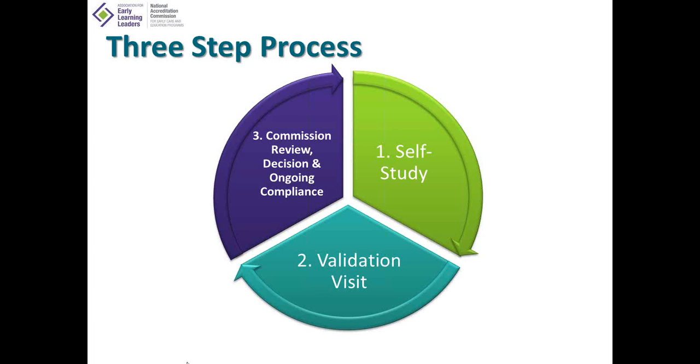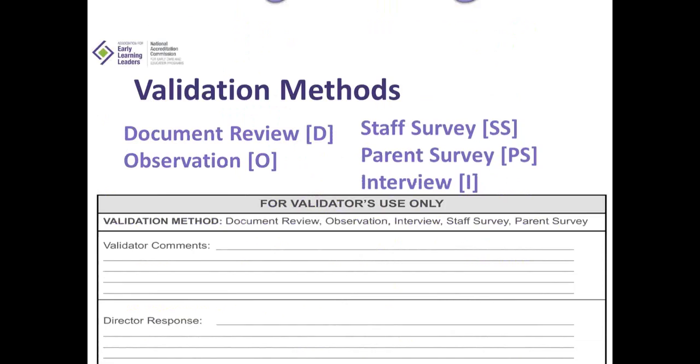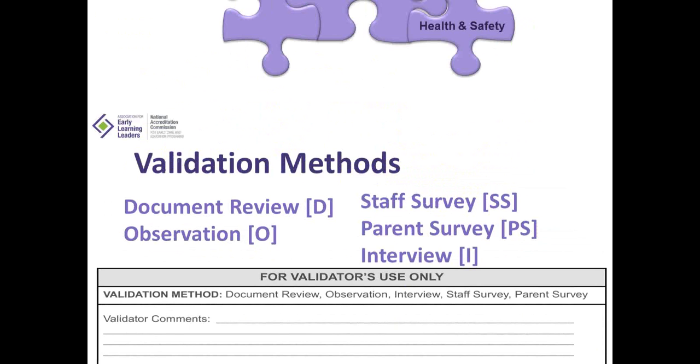Our standards are divided into 6 component areas: administration, family engagement, and health and safety, which are part of the tool of the administrator's report; and curriculum, interactions, and classroom health and safety, which are part of our classroom observation tool.